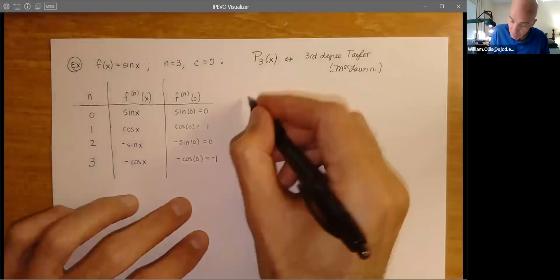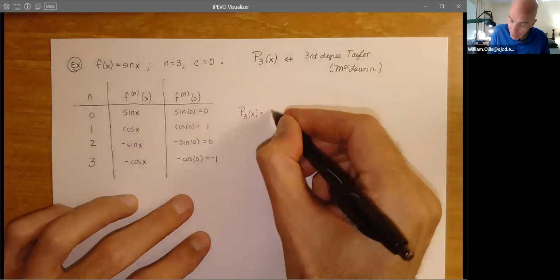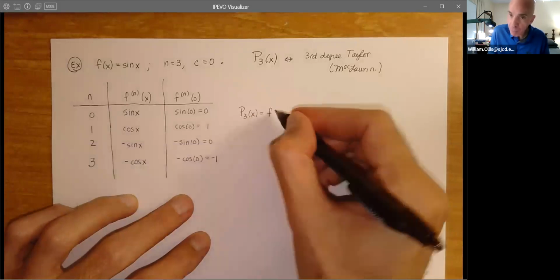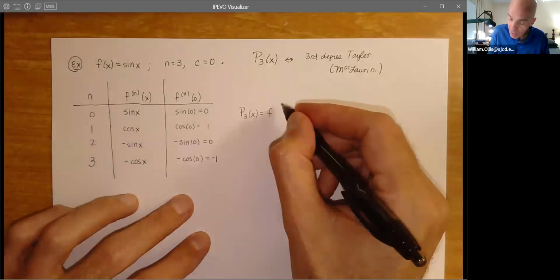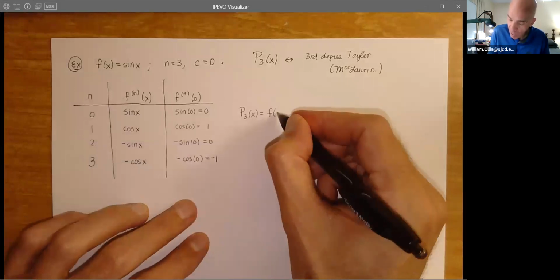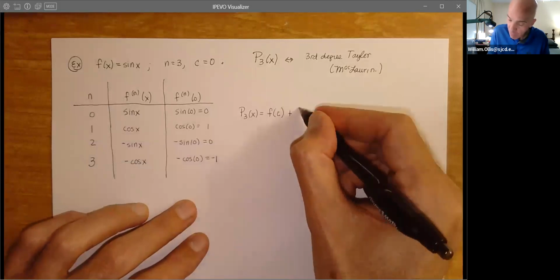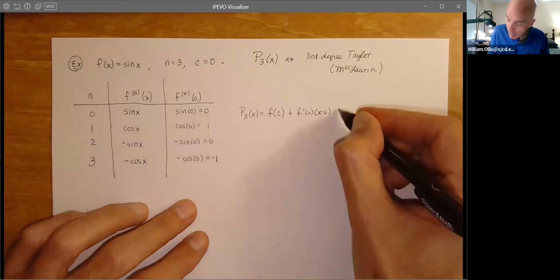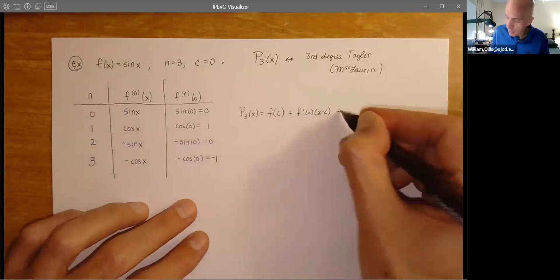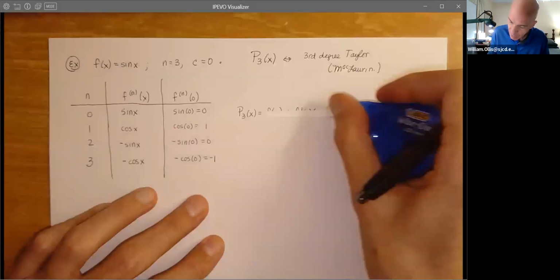So now P3 of x is f, and we'll go ahead and put it, now that we're professionals, we'll just go ahead and fill everything in, or at least thinking about it. Well, let's write it down in general. F of c, f prime of c, x minus c, plus, well, and of course here, let me just save you some time.